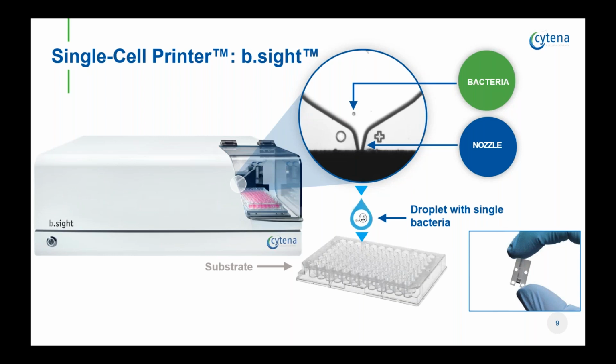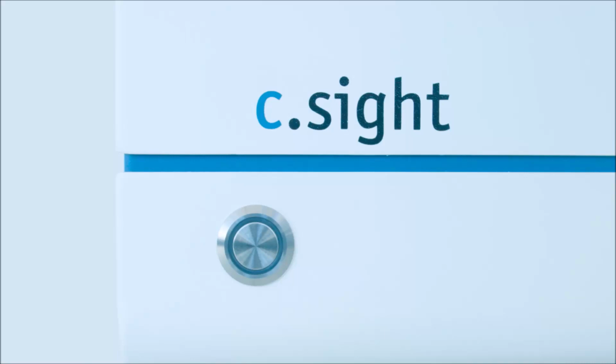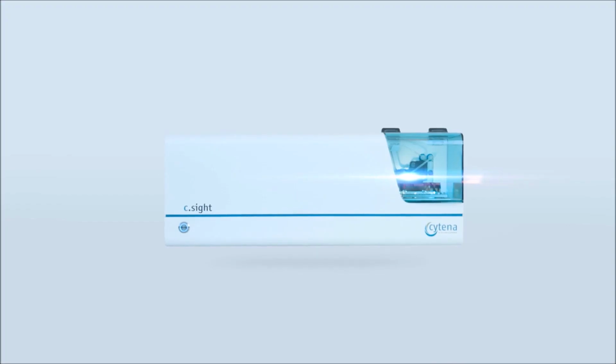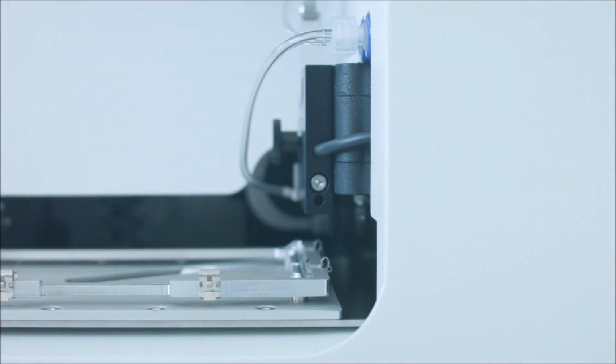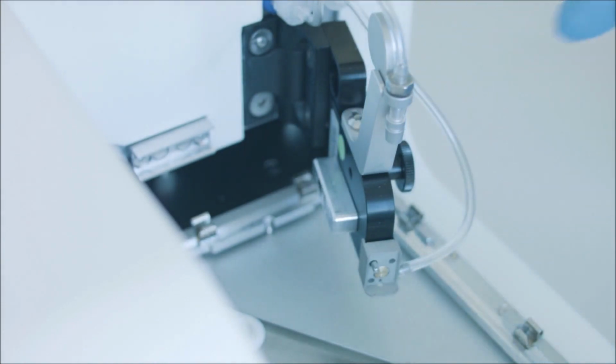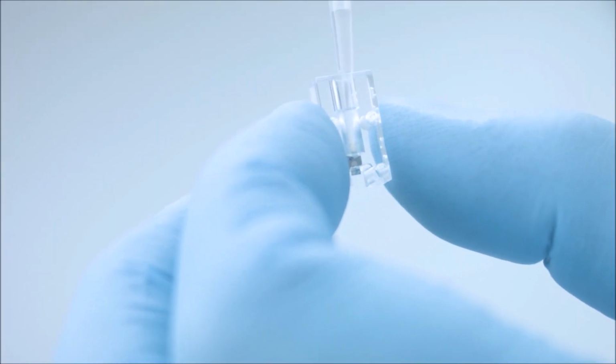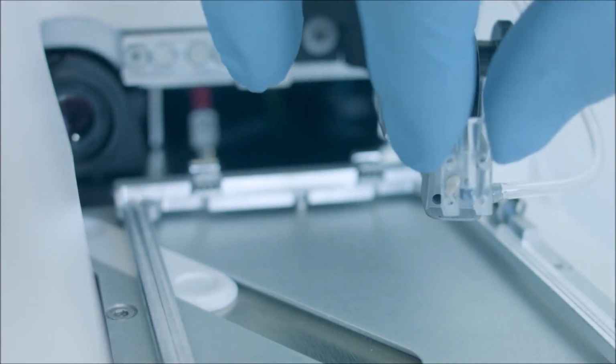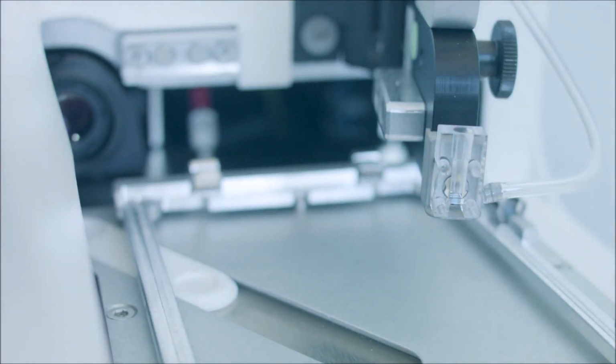Let me start this. In this case, it's the C side, but the process is always the same. You start the instrument, you open up the lid, you pipette your cell sample into a new cartridge, attach it to the instrument with 2 screws.